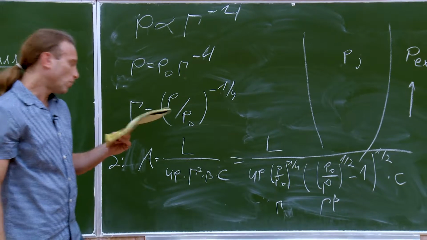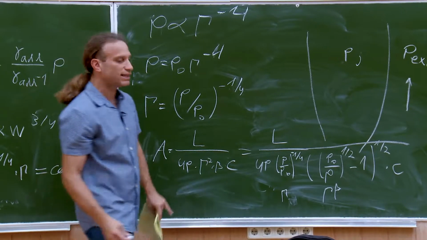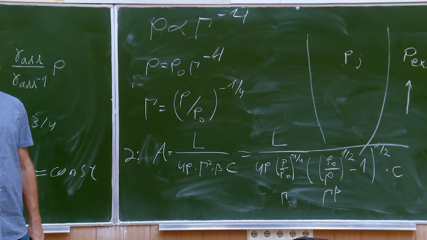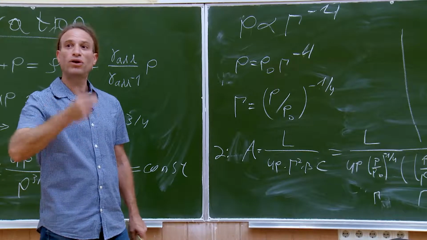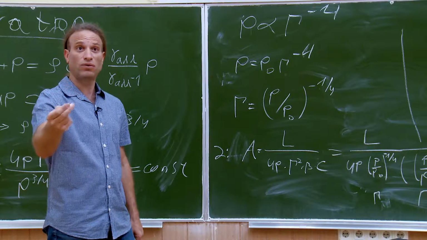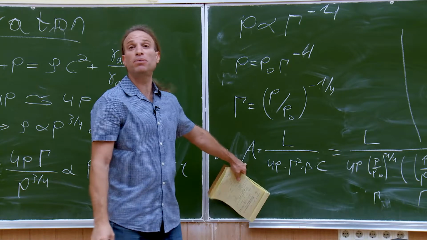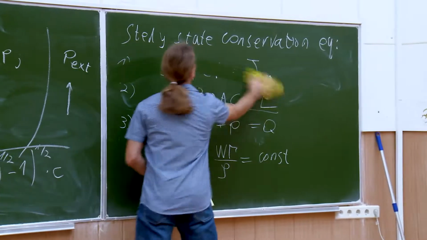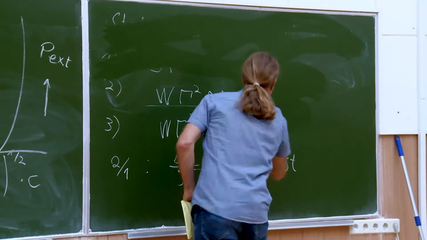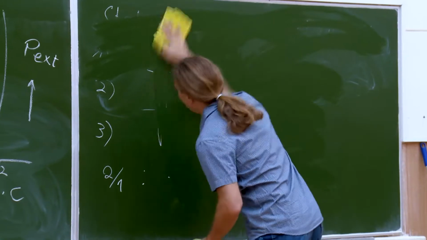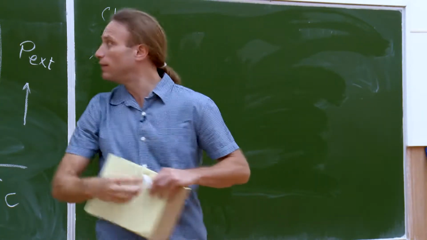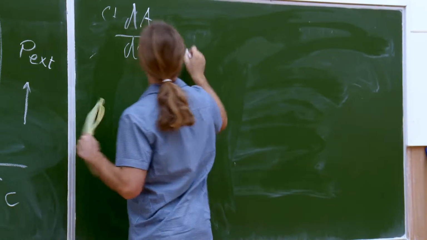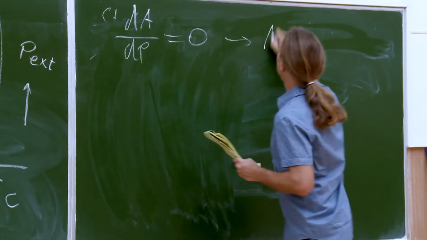And so what I can do is take the derivative of A as a function of P and equate it to 0. I'm looking for the extremum point of A. So how do I look for an extremum point? I take A, derive it by P, and equate it to 0. dA/dP equal to 0 gives me an extremum.